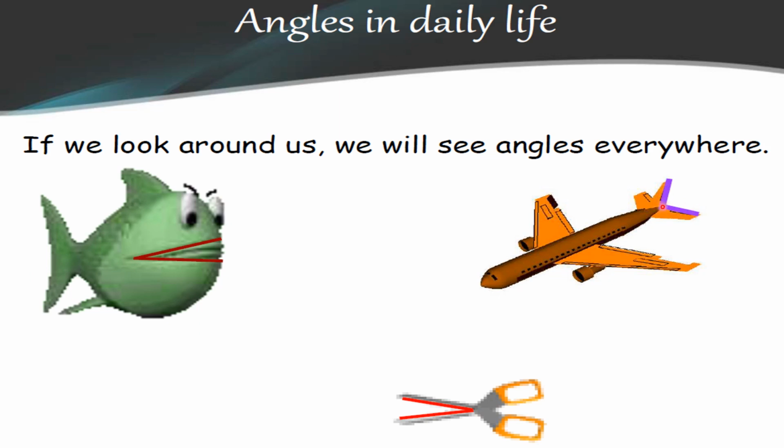Here, the angle is formed. Here, the scissors. See here, an angle is formed. So in our daily life we can observe different types of angles in objects. Okay, my children, understood?